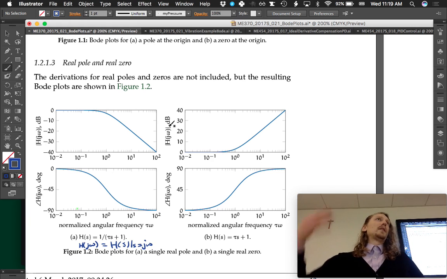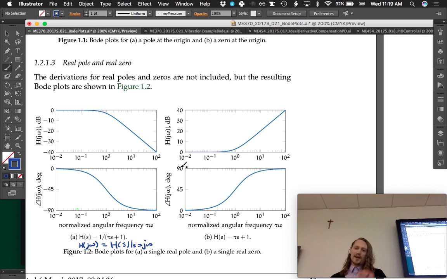Just from the definition of the dB magnitude of the frequency response function and then the phase, we just plot it. And this is what it turns out to be. Well, it turns out everywhere that omega shows up, tau shows up too, okay? And so on this horizontal axis, we're not plotting omega, we're plotting tau times omega, okay?